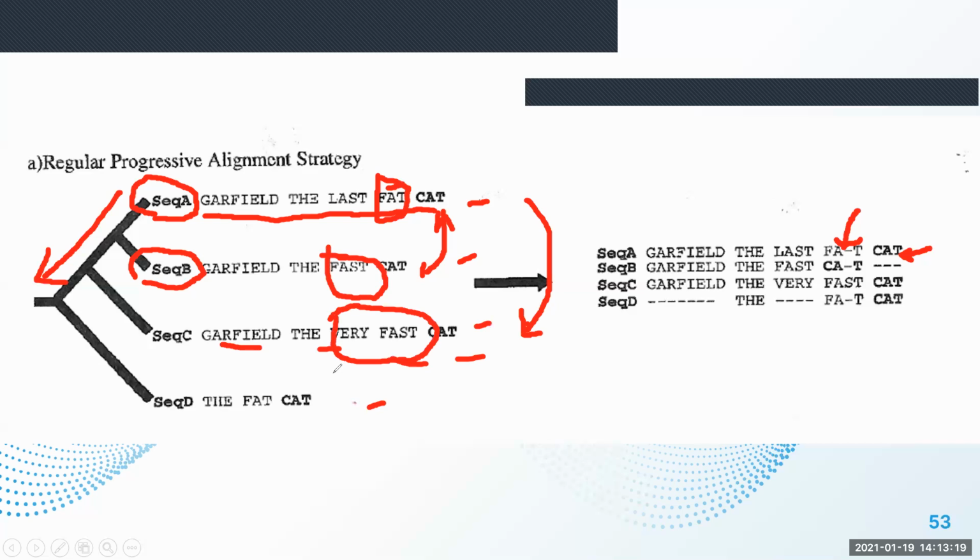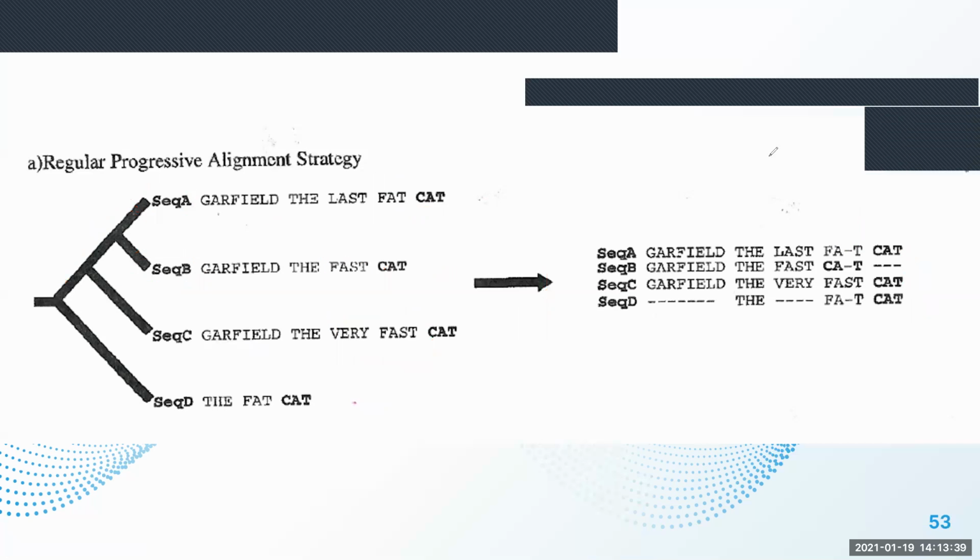It is the same in DNA. That's why we want to align these sequences and check how similar they are. That's the whole purpose of multiple sequence alignment. I hope you are okay up to this point.